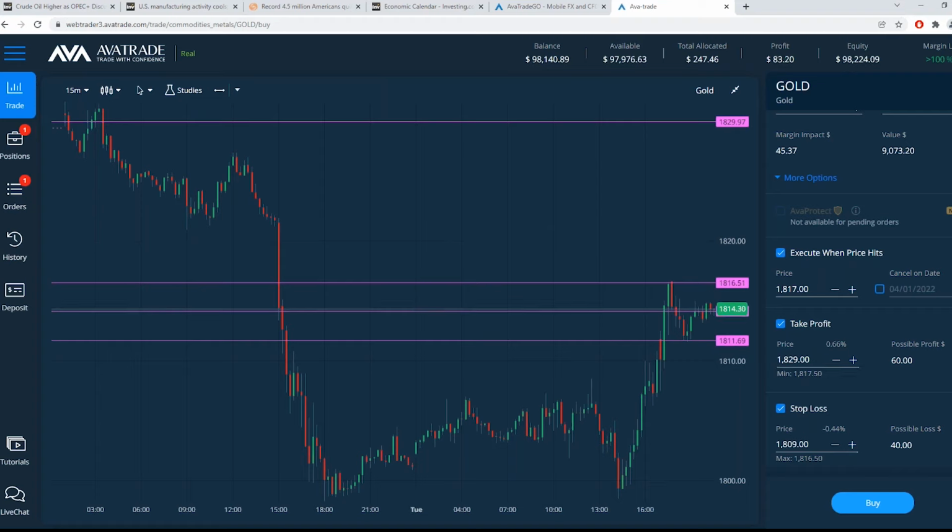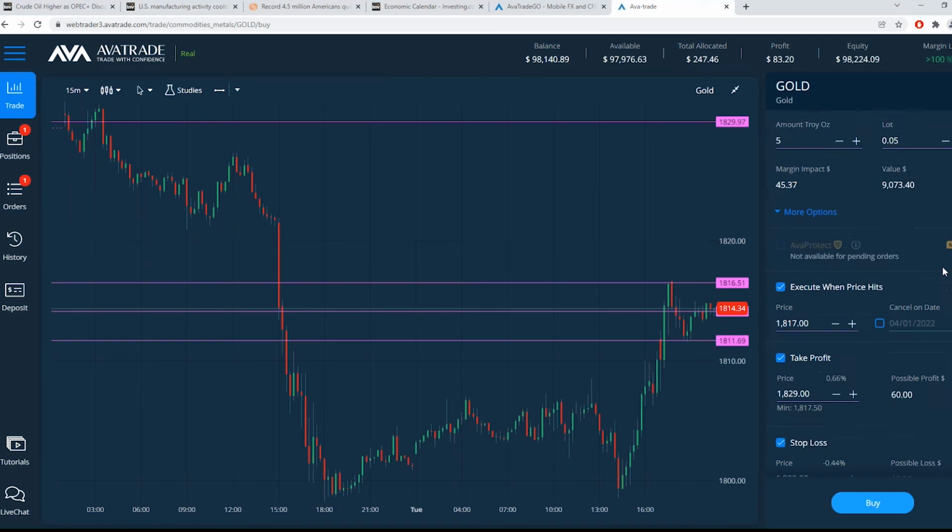Now I say, okay, again, I'm willing to risk 1% in my example. You could risk a larger or smaller percentage. That's up to you. But in my example, if I had a balance of 20,000, I wanted to risk 1%. Now I change my trade size up here until I see the risk that I want.